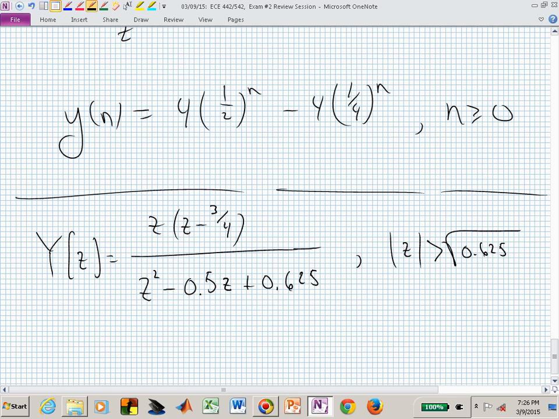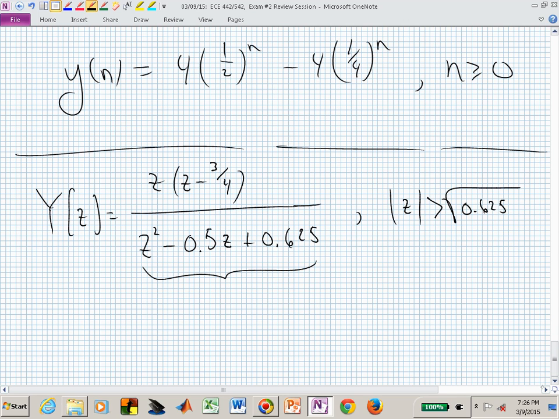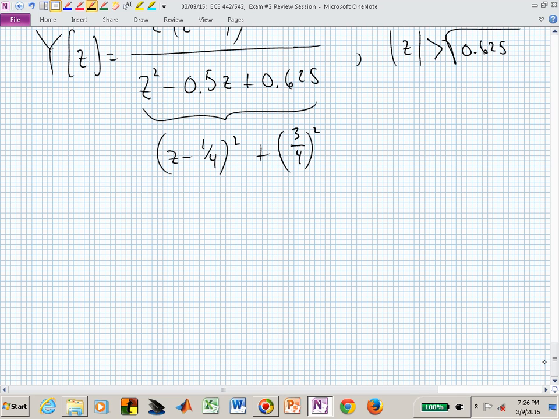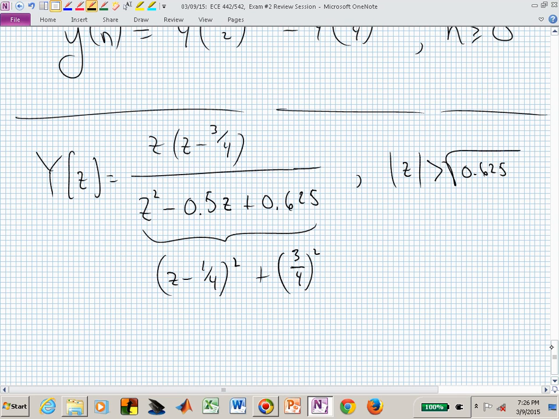And if you now factor this, or find the roots, you'll find that this is now z minus 1/4 squared plus 3/4 squared. Which means that, what do you have for poles?